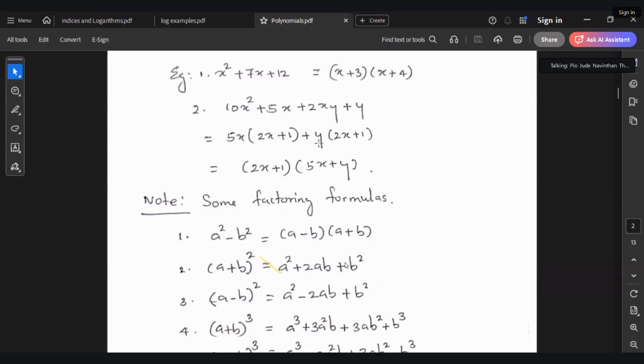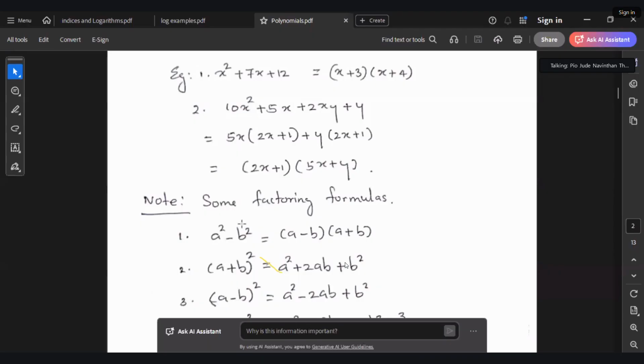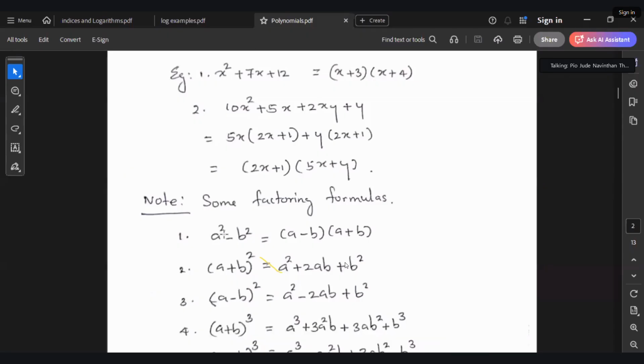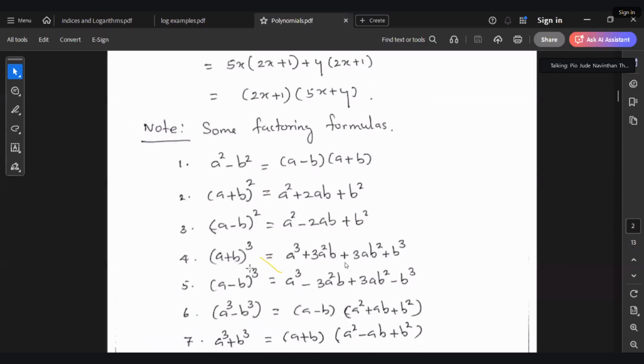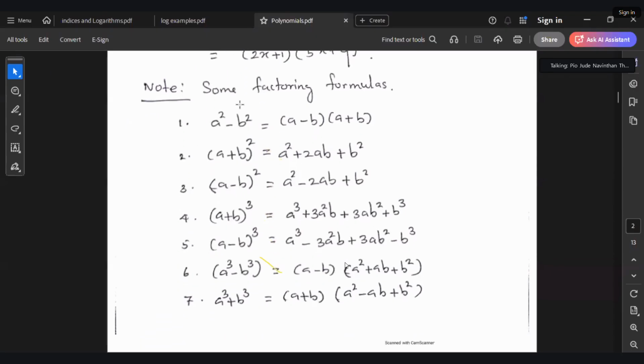So only one formula, A square minus B square, that is A minus B into A plus B. Third, we can compare this 1 and 3. A minus B holding square is not equal to A square minus B square. Keep in mind.